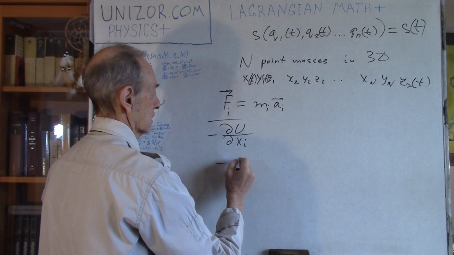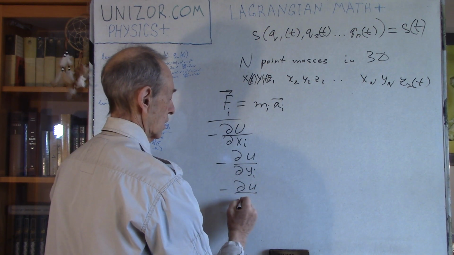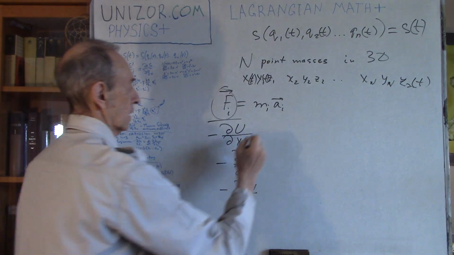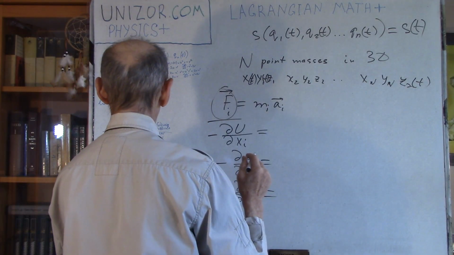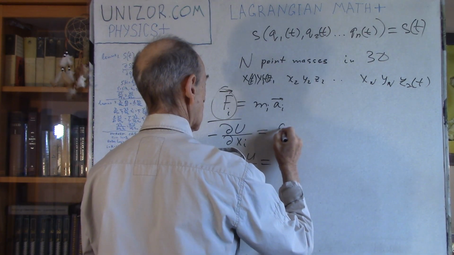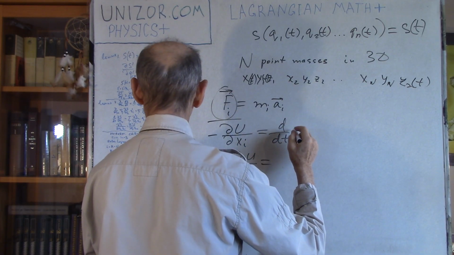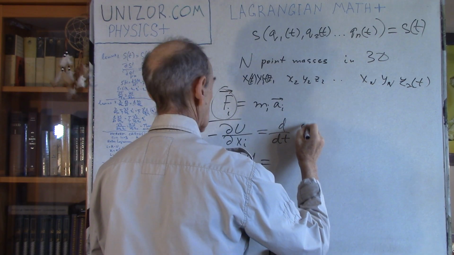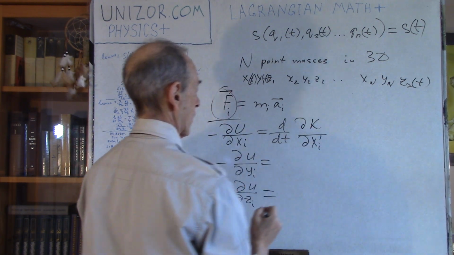These are three components of this vector, and each one of them is equal to, if I remember correctly, d per dt of the kinetic energy by dxi prime.